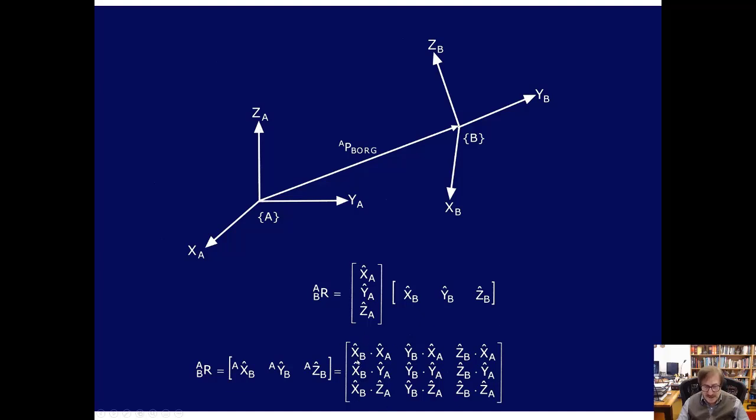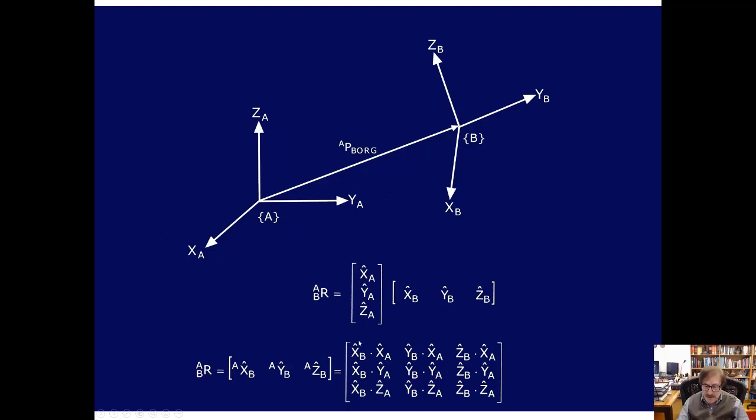And we have also figured out that this first column shows the projections of the XB in the A frame, and the second shows the projections of YB in the A frame, and the third shows the projections of ZB in the A frame.